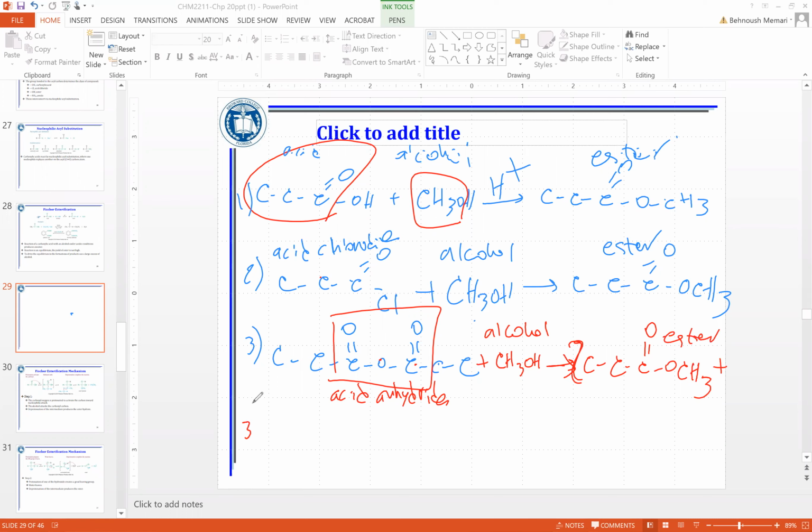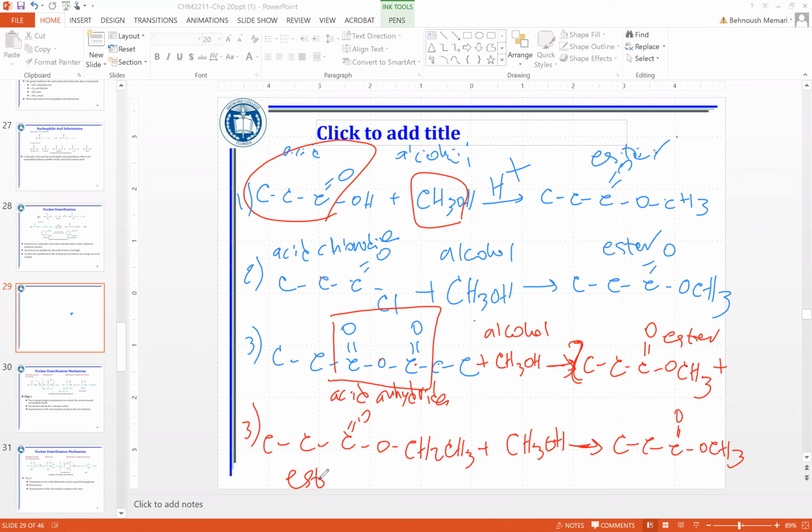Even ester plus alcohol can give you ester. Ester plus alcohol gives you ester.